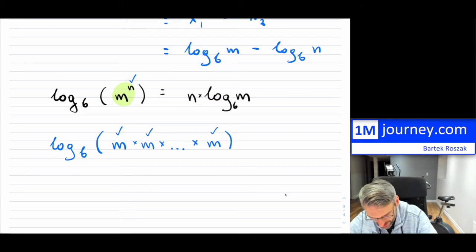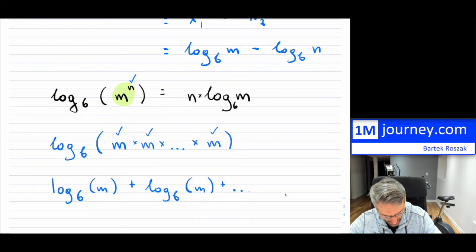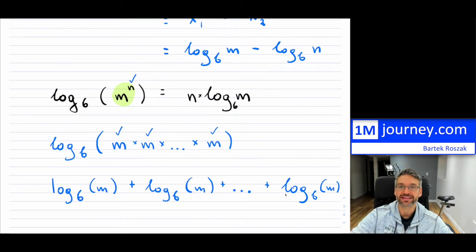So from that first property, this really means log b of the individual numbers all added up together. So plus dot dot dot. How many times? This is going to be n times, which was the actual exponent.